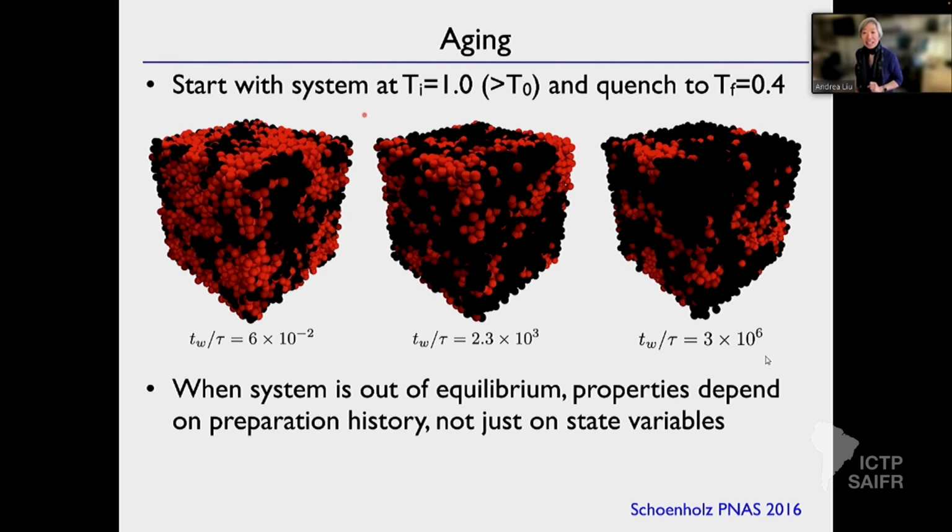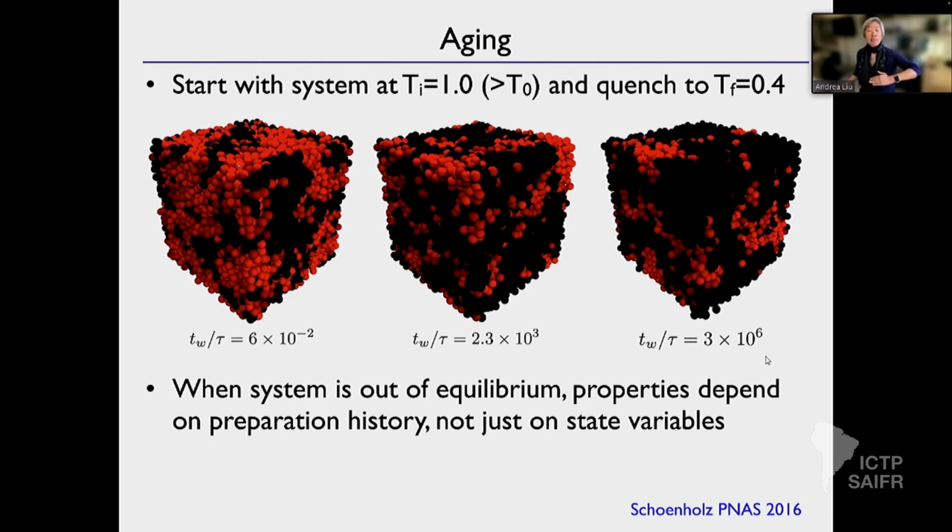Before I get to that onset thing, I just want to say something about aging, because remember I said, suppose you quench at time 0 from a high temperature to a low temperature at which we can no longer equilibrate completely, so below the glass transition. This is what happens as a function of waiting time.